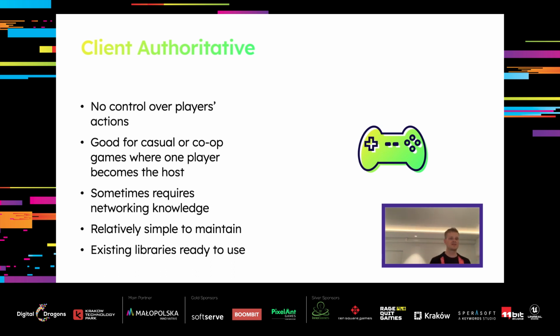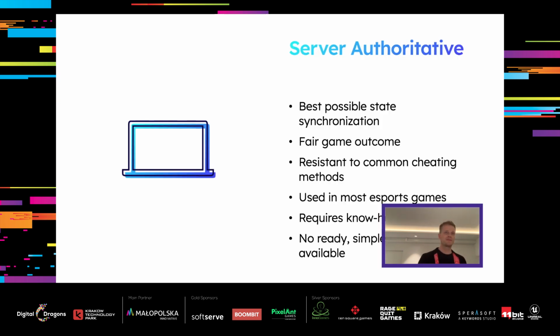You unfortunately have no full history of the game, and it's really difficult to solve conflicts. You have no control over players' actions. It's a really good and simple approach for casual and co-op games, where one player becomes the host. Sometimes it requires networking knowledge, even when using existing libraries that are ready to use, because sometimes you need to resolve those conflicts and decide who wins. For example, when players shoot at one another, you have to determine who shot first.